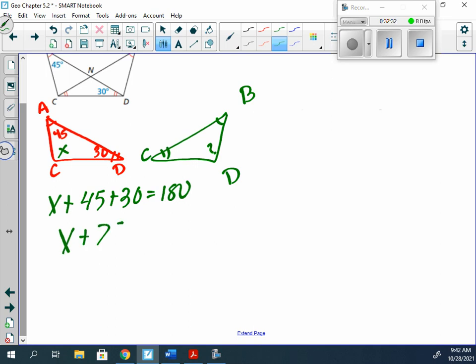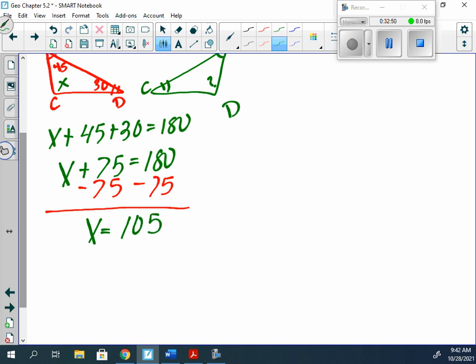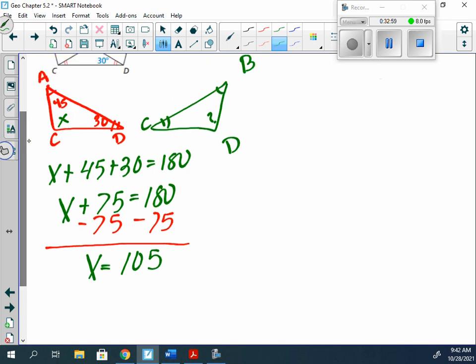45 plus 30 is 75. What can we do? Subtract 75 from both sides, which tells me X is equal to 105. So this angle, for this one here, C or ACD, is 105, which means it corresponds to D or BCD.